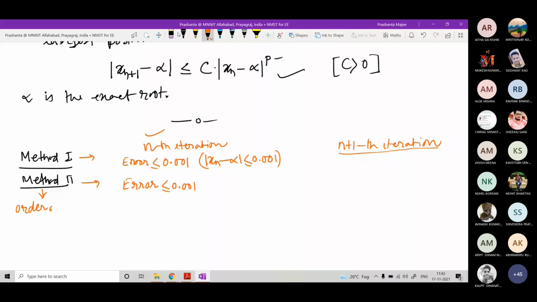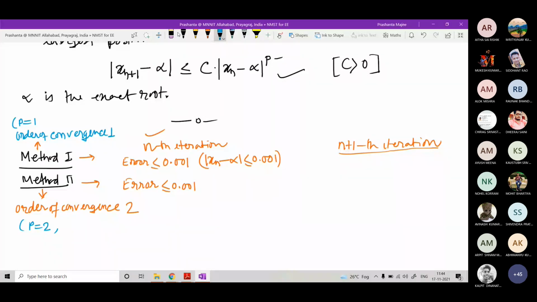So p equals 1 in method 1, and p equals 2 in the second method.